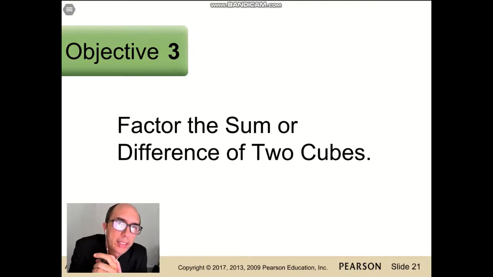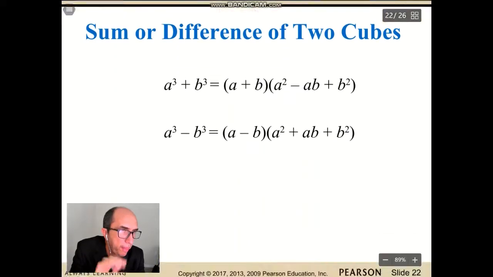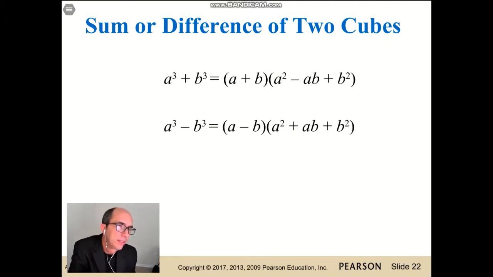Now, third objective, factor the sum or difference of two cubes. This is the formula, the form of the way we factor the sum or difference of two cubes. If we have the sum a cubed plus b cubed, we can rewrite it as parentheses a plus b, close parenthesis, and open another parenthesis, a squared minus ab plus b squared, close the second parenthesis.